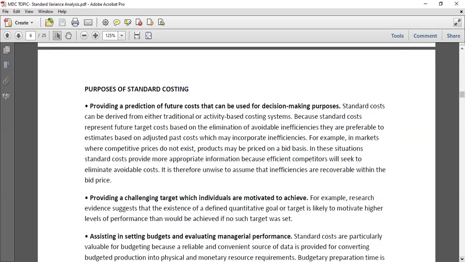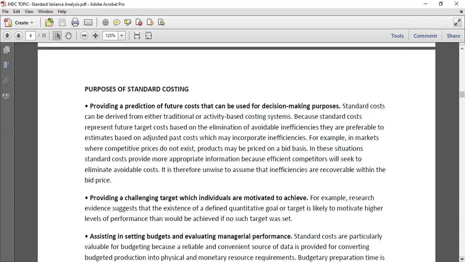For example, if we are producing the cakes that I've been highlighting here, and we want to double our production in the next financial year, we are going to use the standard costs to determine what our costs will be like. That alone can help us make decisions on certain things, either to outsource, or whom to buy from, or whether we take on the decision or not.